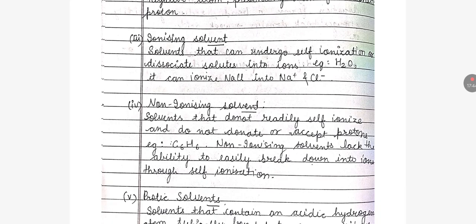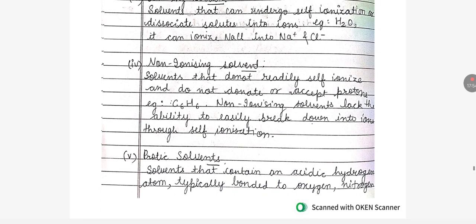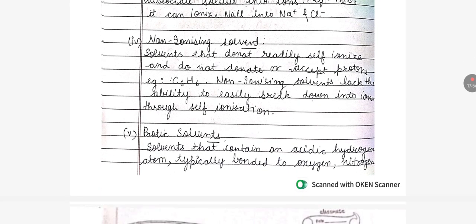Ionizing solvent: solvent that can undergo self-ionization or dissociate solutes into ions. Example water. It can ionize NaCl into Na+ and Cl-. Non-ionizing solvent: solvent that does not readily self-ionize and does not donate or accept protons. Example benzene.